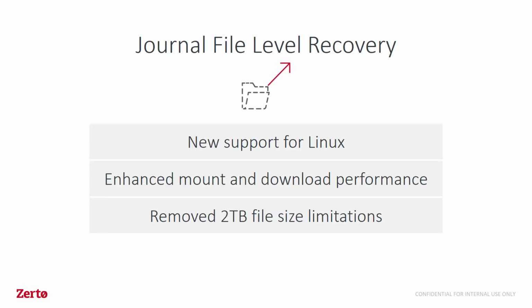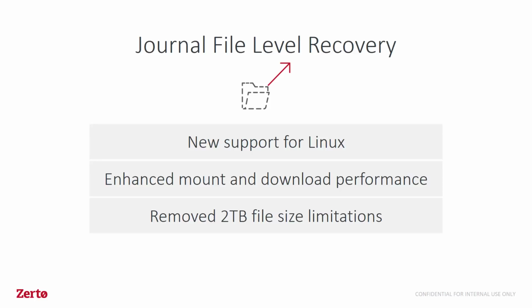So where do we go from here? Now we're bringing journal file level recovery out for Linux. Up to this point, we had it for Windows, but now we've enhanced it to cover the extent file system from Linux as well. We've also enhanced the performance with mounting and downloading of those files or folders. Also removing some of the limitations we had on the size of the files that you could actually pull back from the journal.